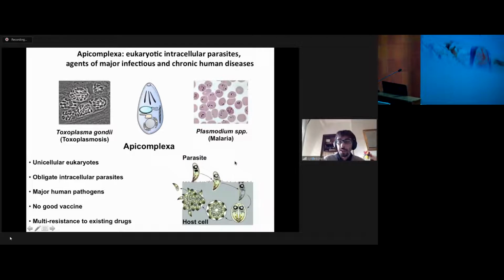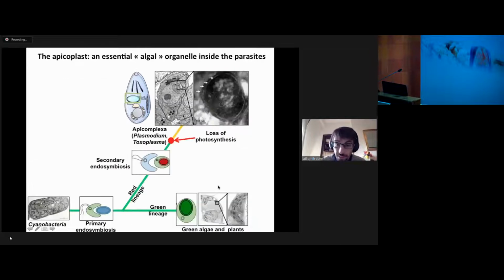This I will skip. So they are obligate intracellular parasites. They have to invade a host cell in order to propagate and survive. And one of their peculiarities is that the apicomplexans harbor a non-photosynthetic plastid, which is named the apicoplast, and this plastid has been acquired by the secondary endosymbiosis of a red algae.